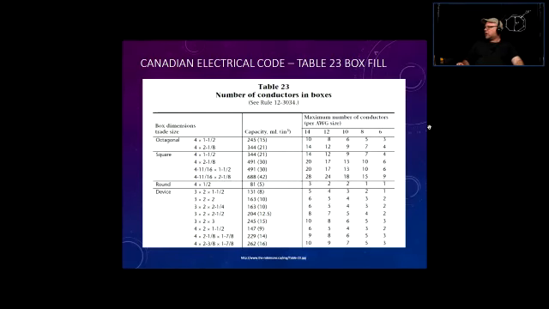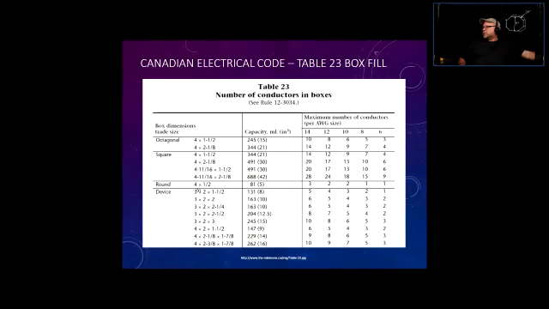Then we have a square box. Again, we only see one side because it's a square box, so of course it's 4 by 4, and it's okay just to list the number 4 here. Then 1.5 inch deep and 2.5 inches, and there are some different sizes as well. Based on that, the volume is listed and how many conductors you can fit.